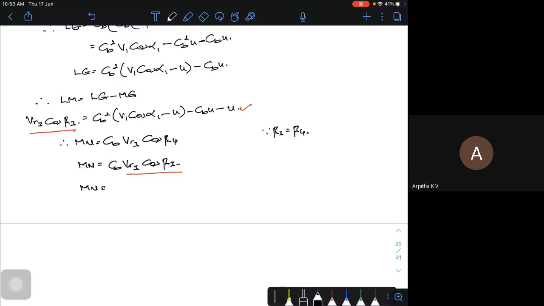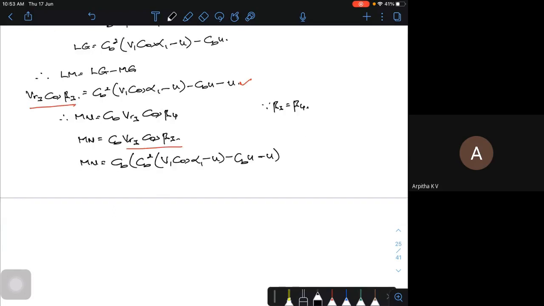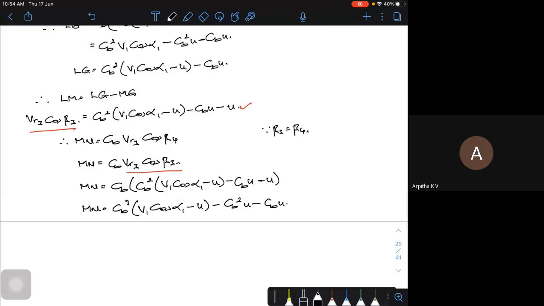Mn is equal to Cb into Cb square into V1 cos alpha 1 minus U, minus Cb into U minus U. So if I open the bracket, your Mn is equal to Cb cube into V1 cos alpha 1 minus U, minus Cb square into U, minus Cb into U. I have got the expression for your Mn and I have the expression for your Lm.